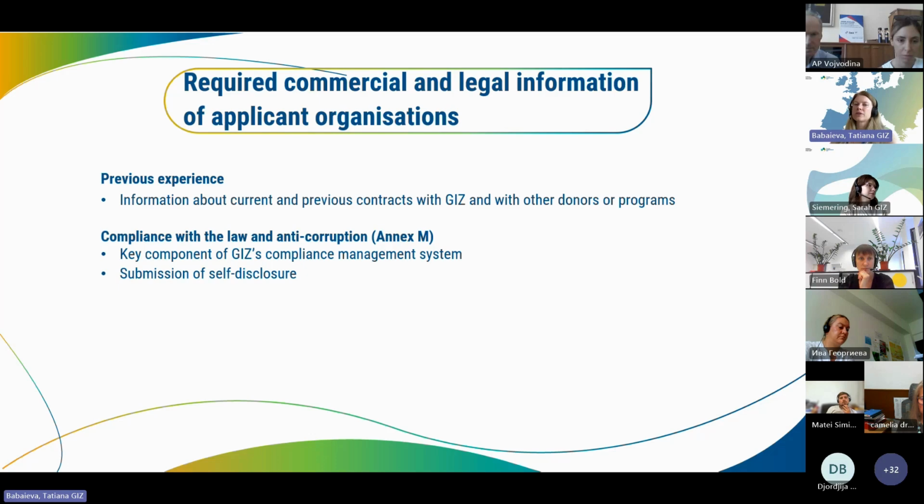Moreover, we would like to receive information on current and previous contracts with GIZ and with other donors or programs. Annex M refers to compliance with the law and anti-corruption. Therefore, it is required to submit this self-declaration in order to meet the key component of GIZ's compliance management system.